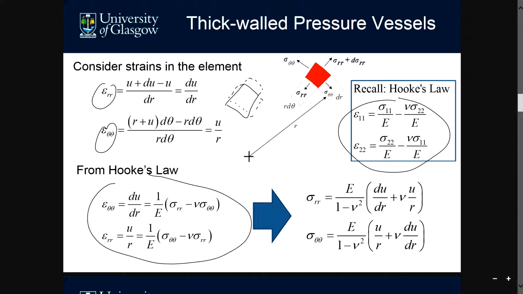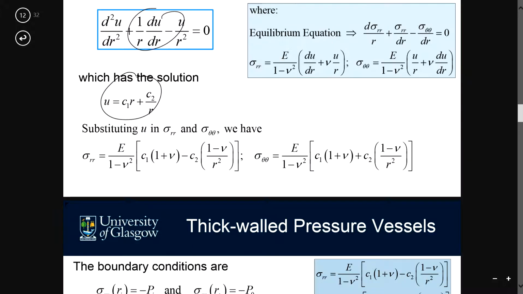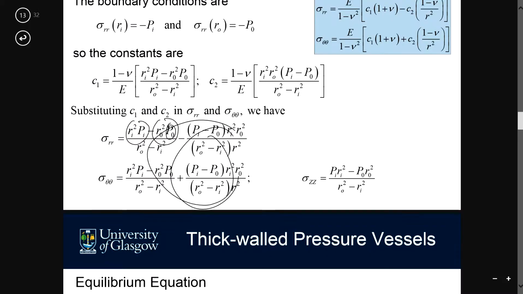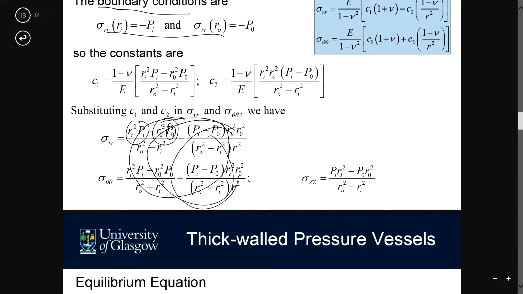You substitute it in and do some magic, and you get a stress. Then you use these stresses, substitute them in, solve for a general equation, and substitute in the boundary conditions, and therefore you derive this formula.